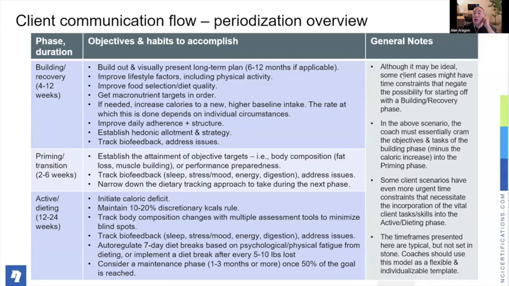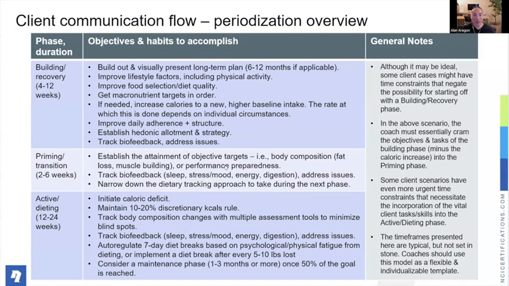Although it may be ideal to have a full-blown, 4 to 12-week building and recovery phase, some clients might have tougher time constraints that negate the possibility of starting off with a building/recovery phase. And if that is the case, then the coach must essentially cram the tasks that you originally had planned for the building phase into the priming phase.